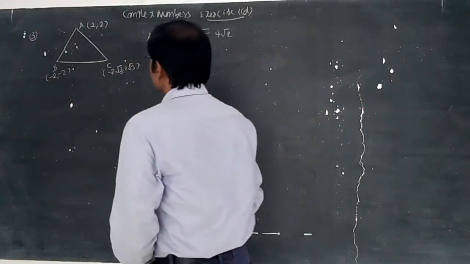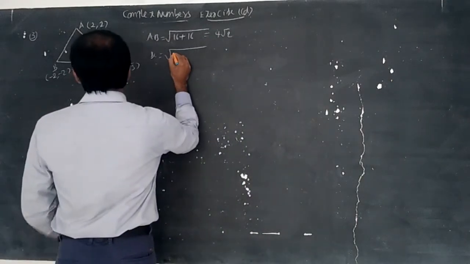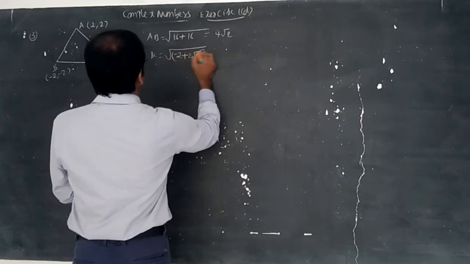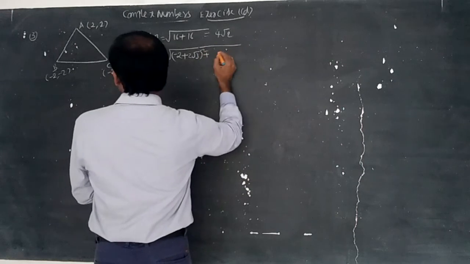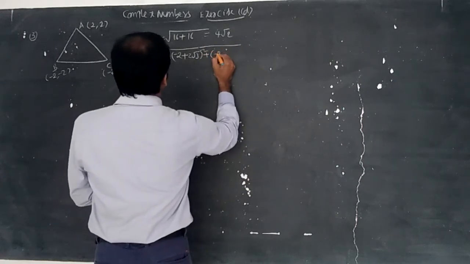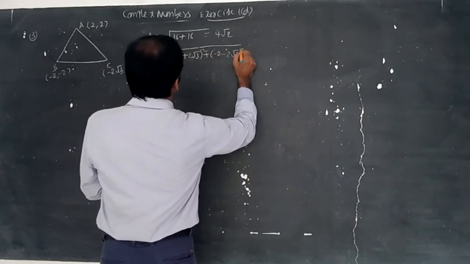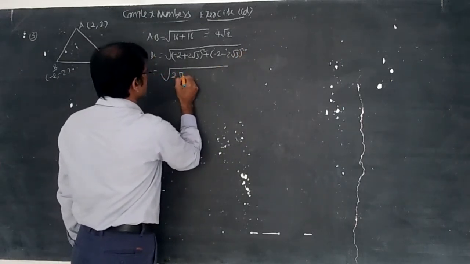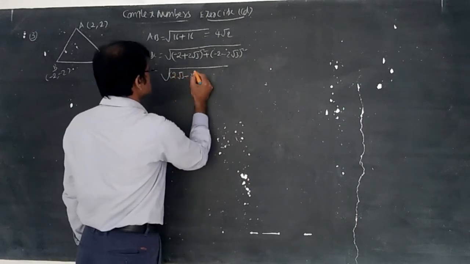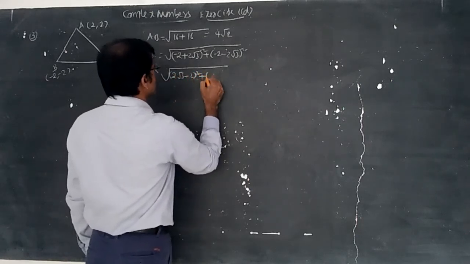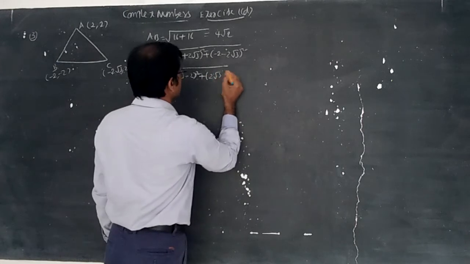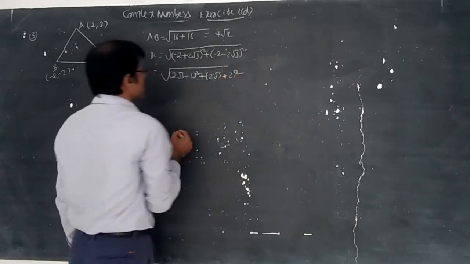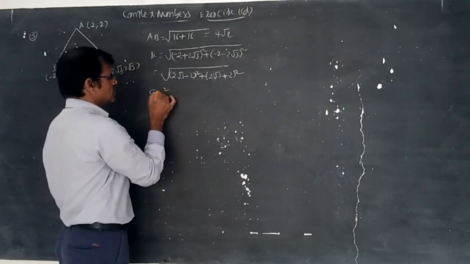BC is equal to root of (minus 2 plus 2 root 3) whole square plus (minus 2 minus 2 root 3) whole square. That is equal to, try to understand this one, (2 root 3 minus 2) whole square plus (2 root 3 plus 2) whole square.